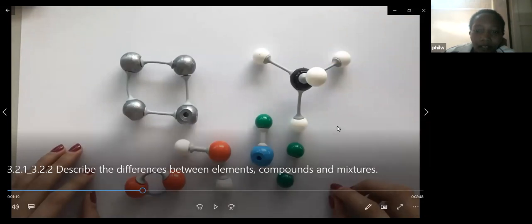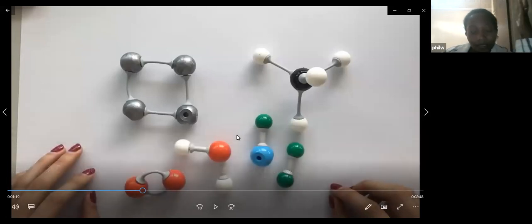Then again, this is blue and blue. This is green and green. This is green and blue. This is also white and red, or whichever color. And again, we have these two. These are models that can help us to understand which ones are elements, which ones are compounds.